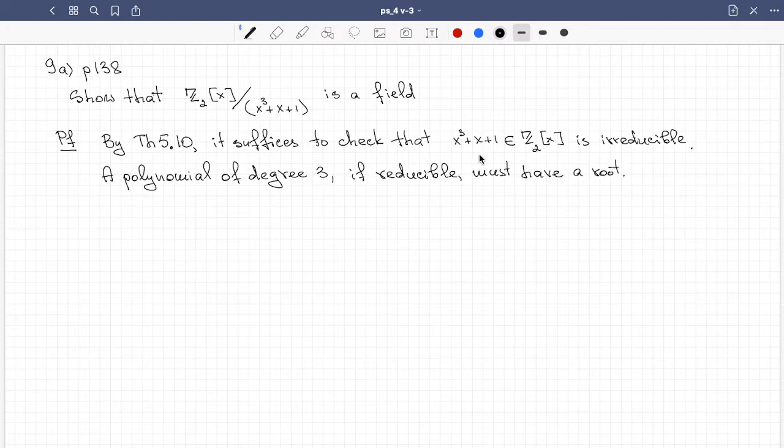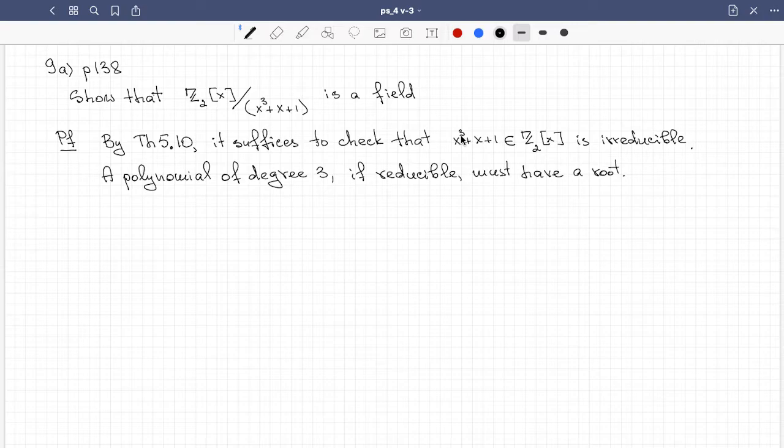Indeed, the polynomial, if reducible, factors into two polynomials of positive degree, so 3 must be the sum of their degrees, and both positive, one of these degrees must be 1 and another 2. Otherwise, it cannot happen.